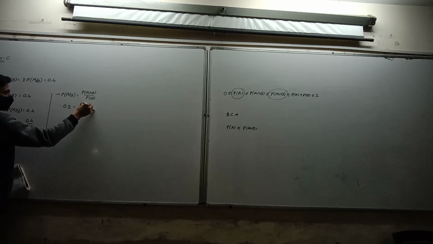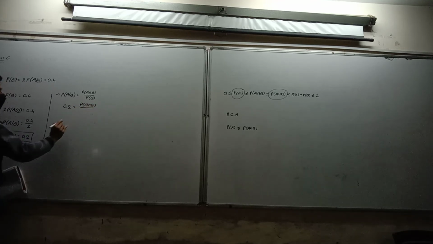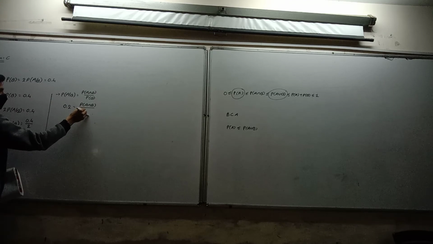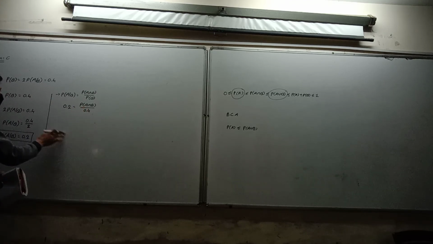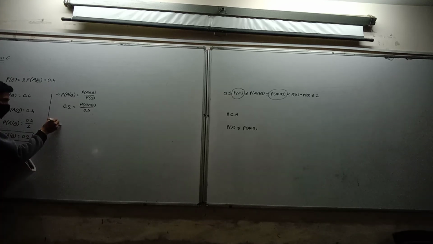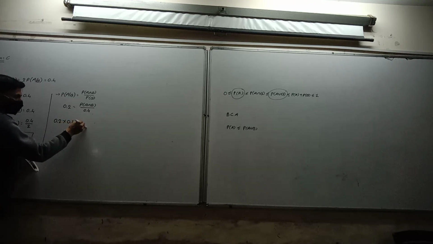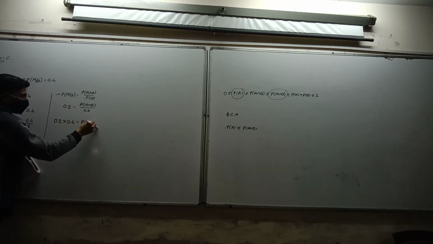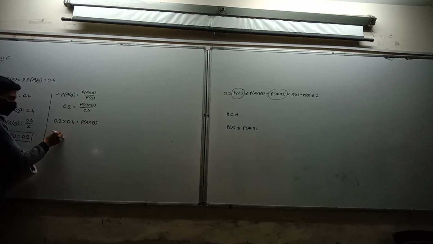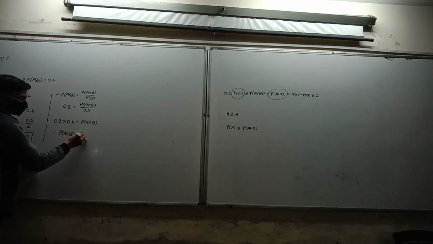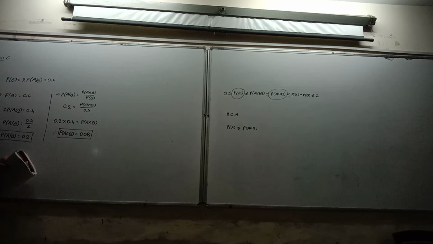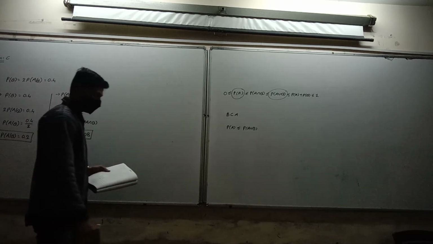Intersection find out A intersection B. Value of P of B 0.4. Denominator left hand side, numerator multiplication. So 0.2 into 0.4 is equal to P of A intersection B. Therefore P of A intersection B is equal to 0.08. Okay, write down question number 13.